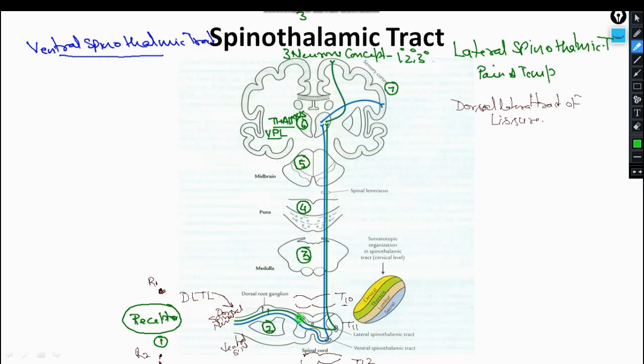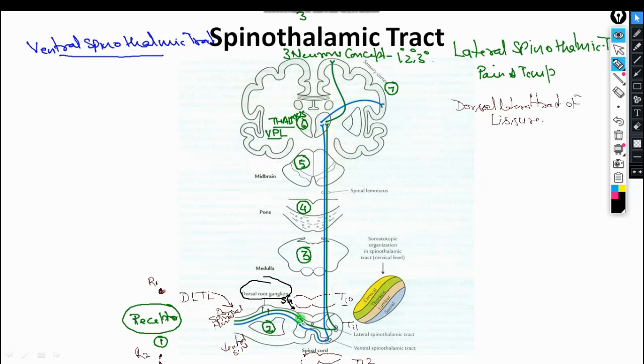I am making it in green color. In short, I am writing SG, substantia gelatinosa. So the first order neuron relays its sensory input here in the posterior horn, in the substantia gelatinosa.